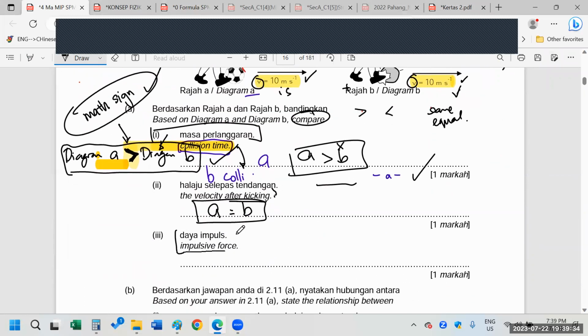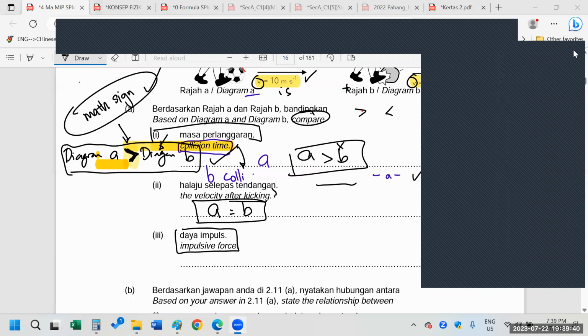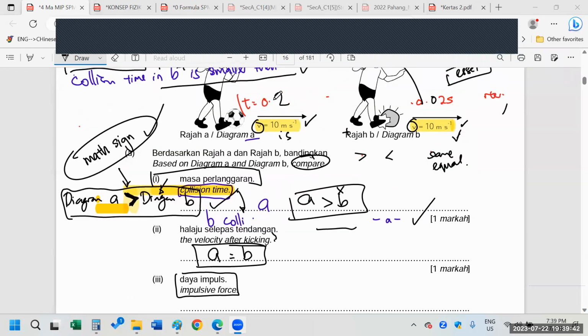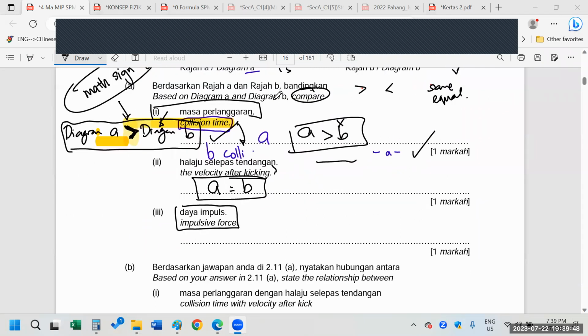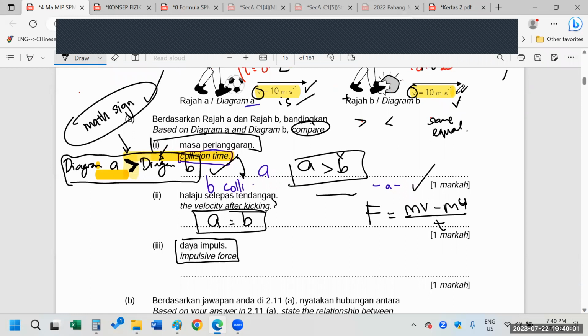Then what is the impulsive force? Is it faster? Actually, it's the same because F equals to mv minus mu over t. It means when we want to show this, both of them must have the same velocity.